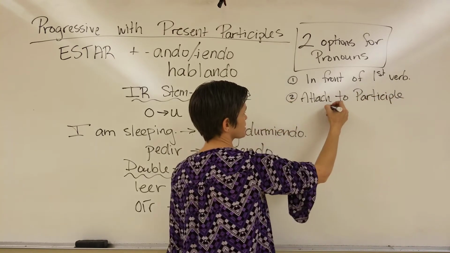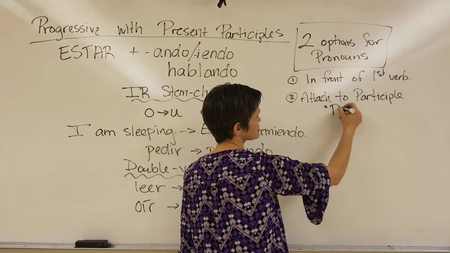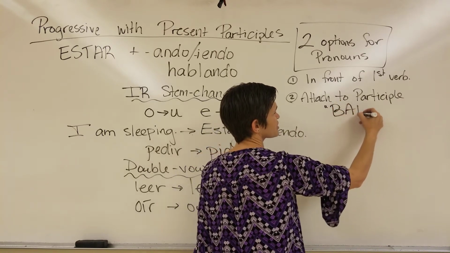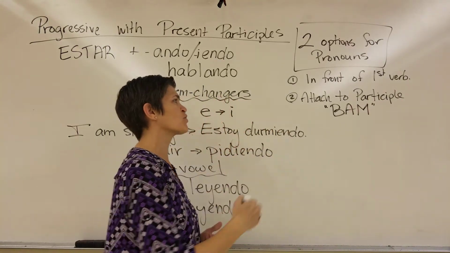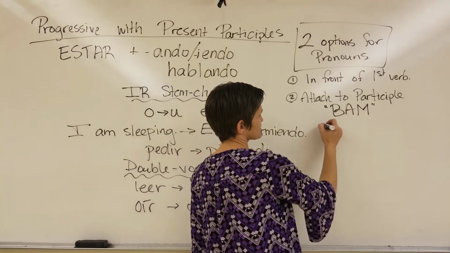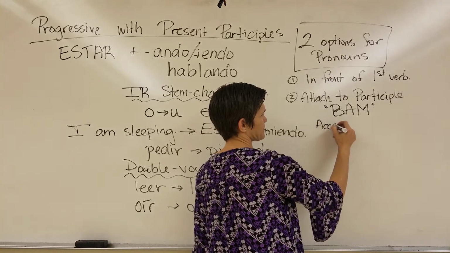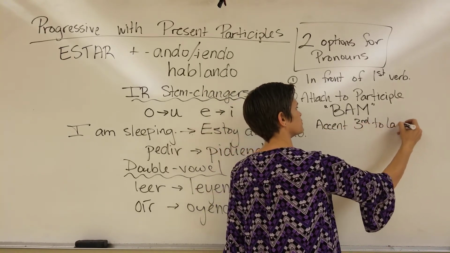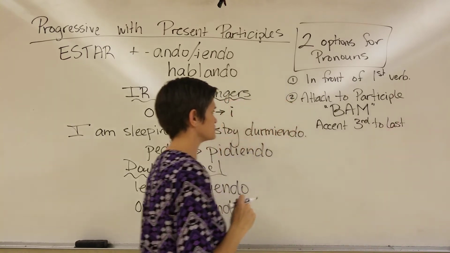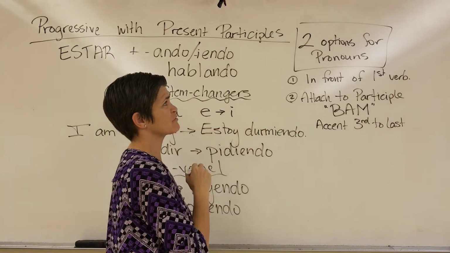And remembering that if we do decide to attach it, we are going to bam it, as I say, or add an accent to the third to last vowel. Okay, so those are our options for pronouns.